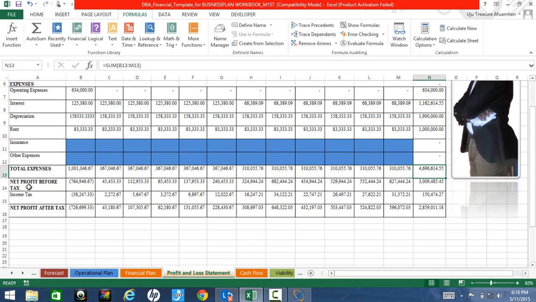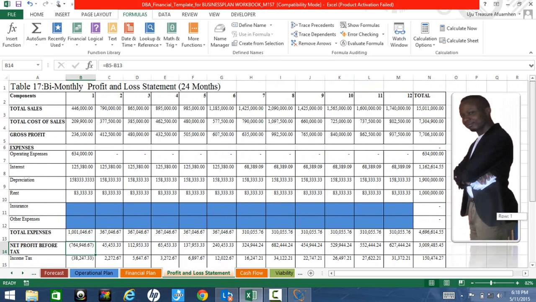Then the net profit before the tax. We've seen the gross profit, which is this. How did we arrive at the gross profit? We just did the difference between the cost of sales and the total sales. Total cost of sales, took it from the total sales, we got the gross profit.